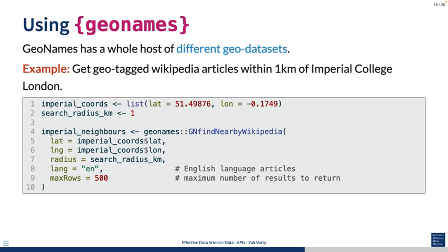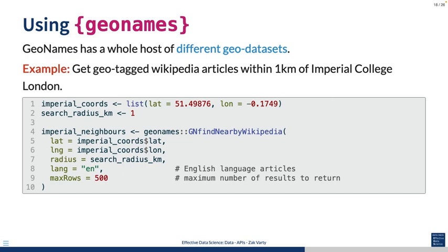As a first example, let's try and get all of the geotagged Wikipedia articles that are within 1 kilometre of Imperial College London. So in the code here, I've started out by defining a list that gives the latitude and longitude of the South Kensington campus, and defining our search radius in case we want to expand this or contract it.